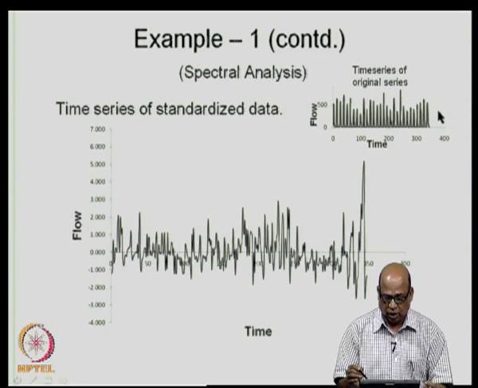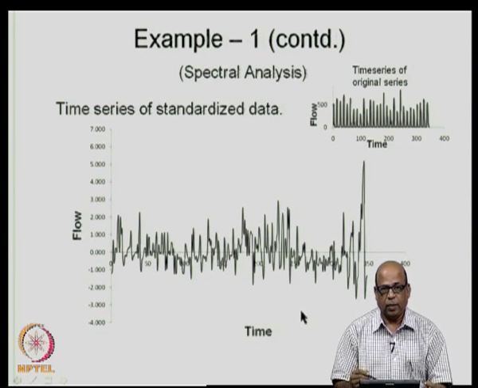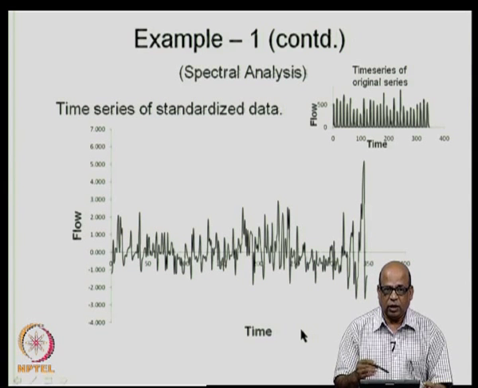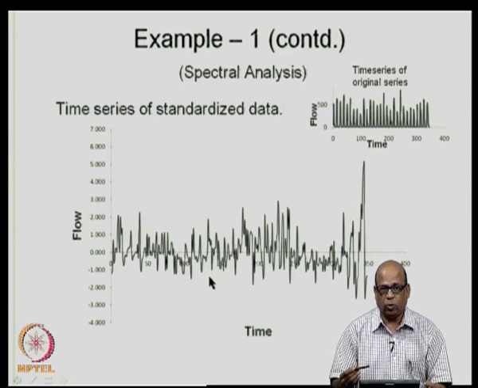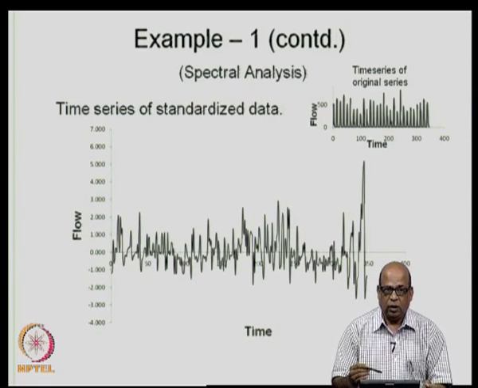The original time series had some periodicities and some regularity, whereas by standardizing you are seeing a much more random series. But whether it is truly random, or whether there are still inherent periodicities, can be seen only if you plot a correlogram of this series and do the spectral analysis on it. Let us do that now.